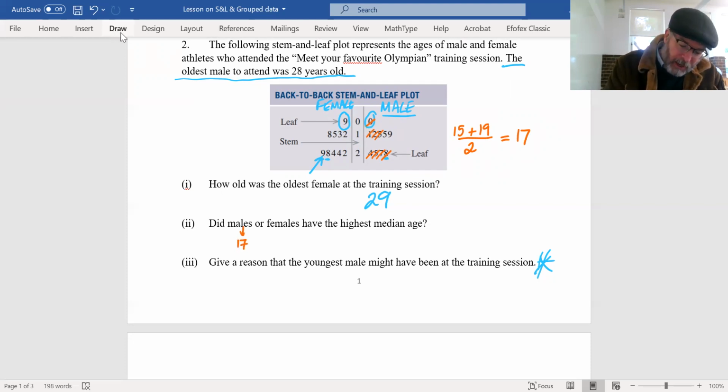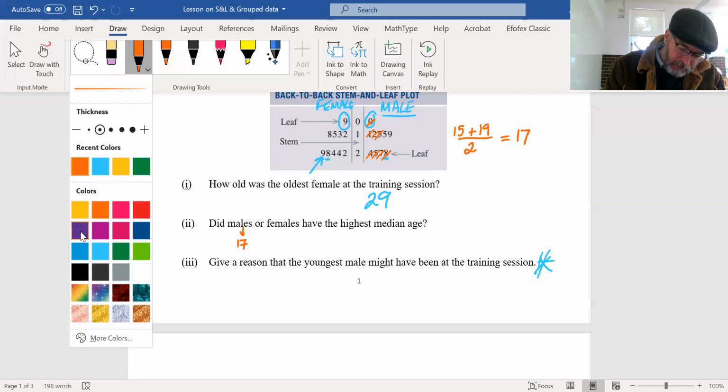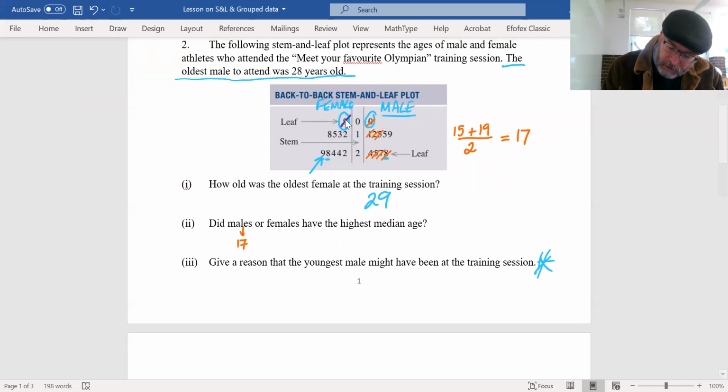And then if we do the females, let's grab a nice French purple for that. 9 years was the youngest and 29 was the oldest, right? The next youngest is 12 and then 28, 13, 24, 15 and 24. There's 2 in the middle as well for the females.